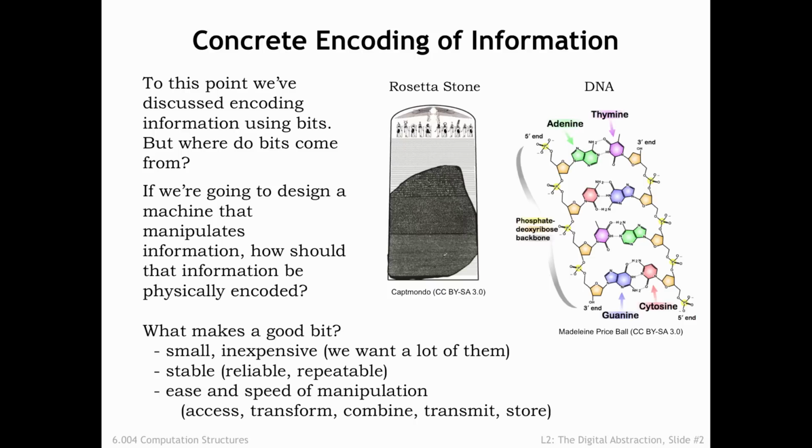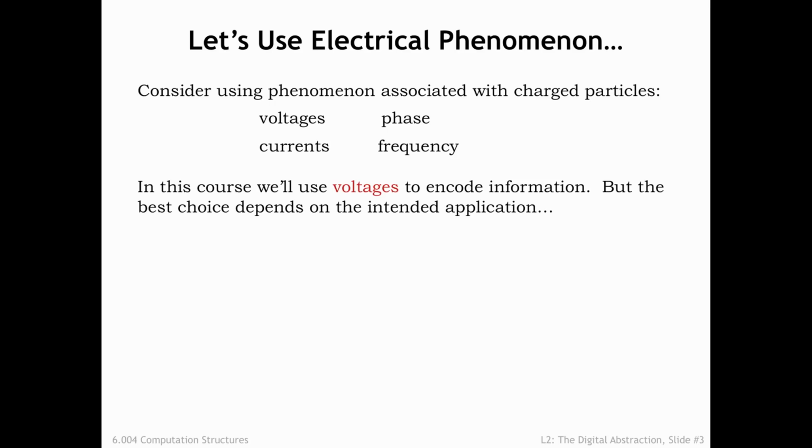We'd like our representation of bits to make it easy to quickly access, transform, combine, transmit, and store the information they encode. Assuming we don't want to carry around buckets of gooey DNA or stone chisels, how should we represent bits? With some engineering, we can represent information using the electrical phenomenon associated with charged particles.